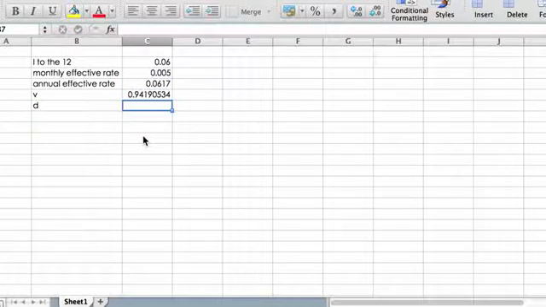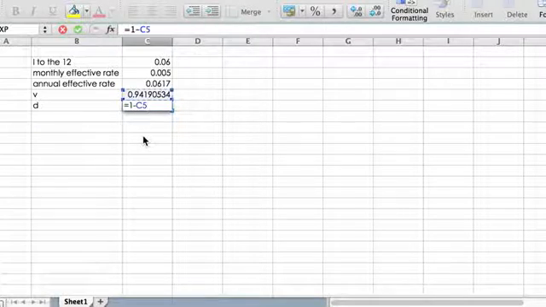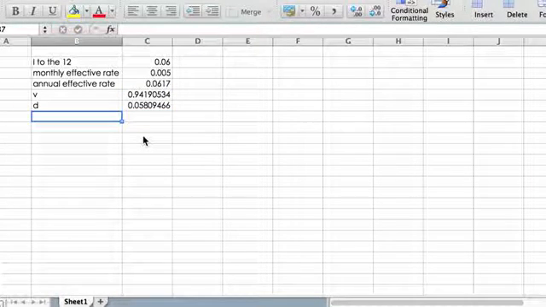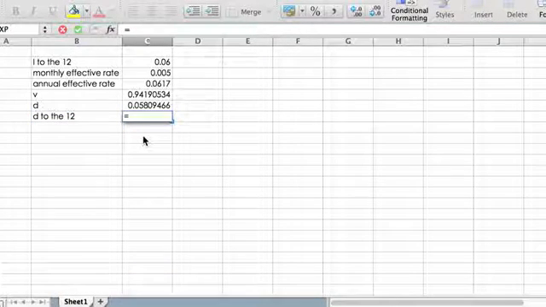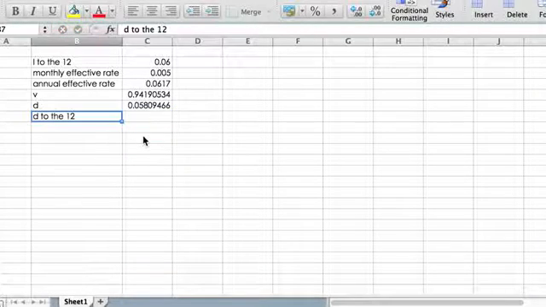Then v is equal to 1 divided by 1 plus the annual effective interest rate, and d equals 1 minus v. If we wanted to find d^(12), there are a few ways of doing it, but actually we don't need d^(12), sorry, we need d^(2).